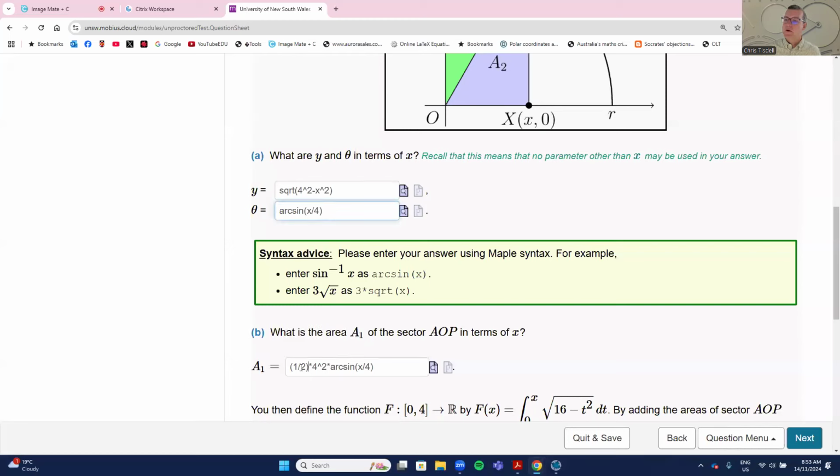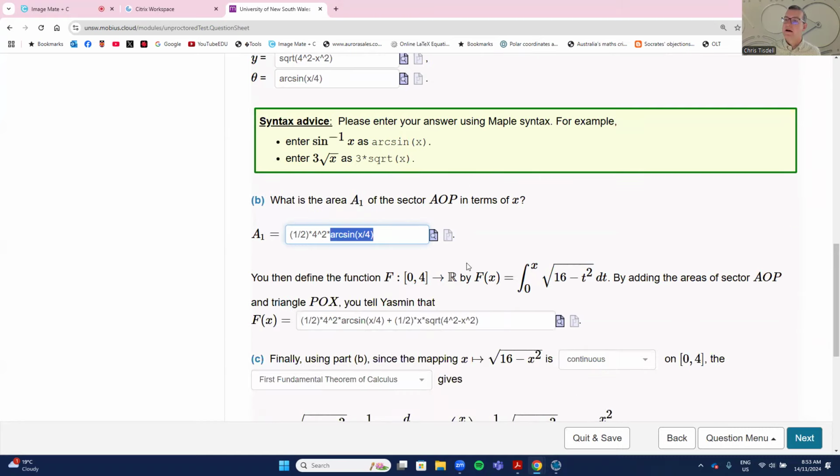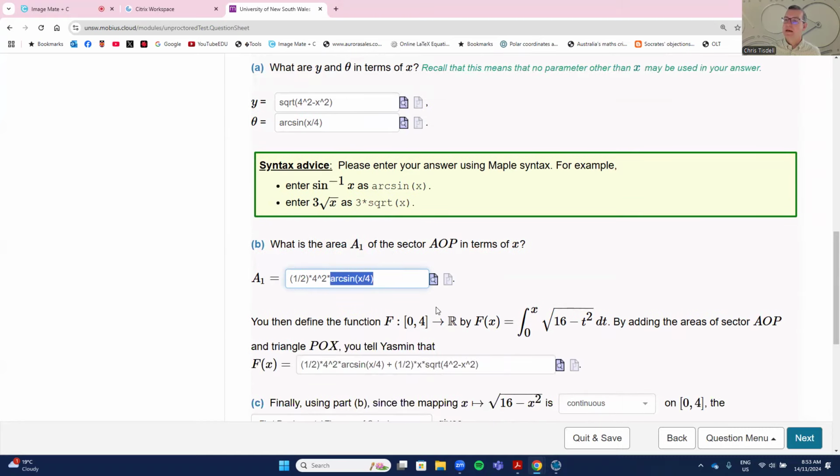So it's half times the square of the radius times theta, and theta is from up here. So that will be part B.